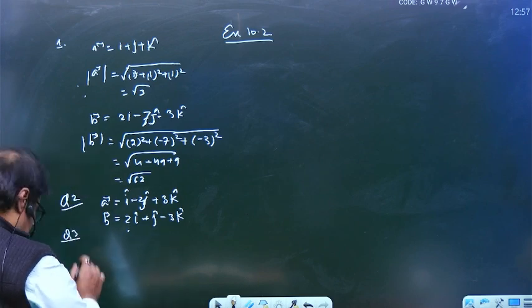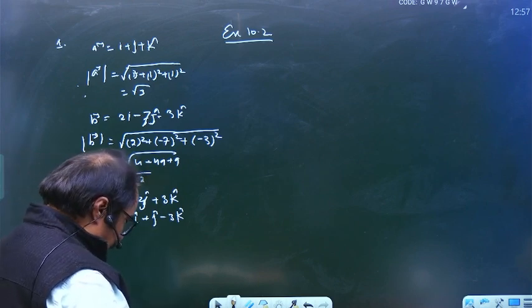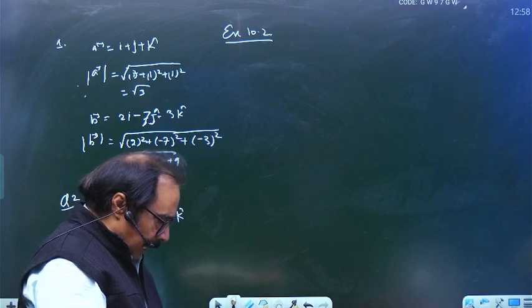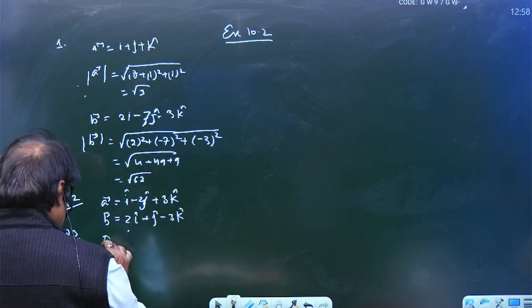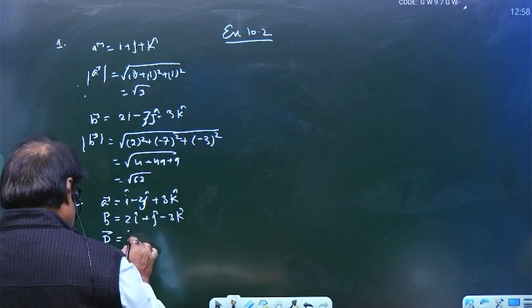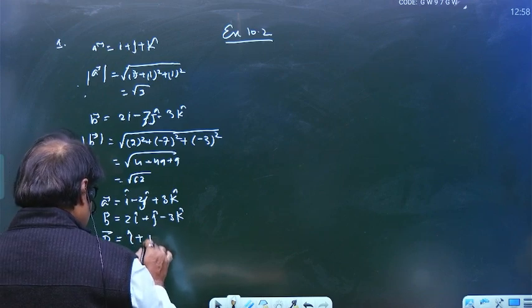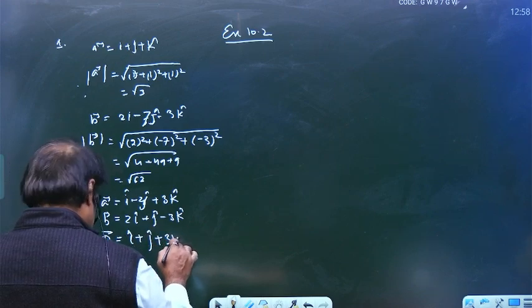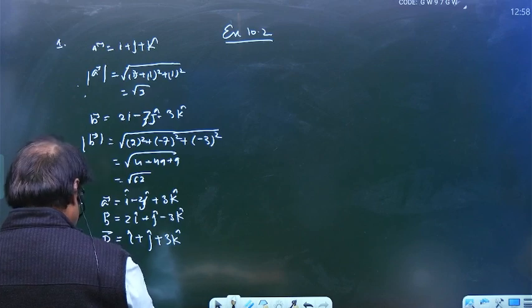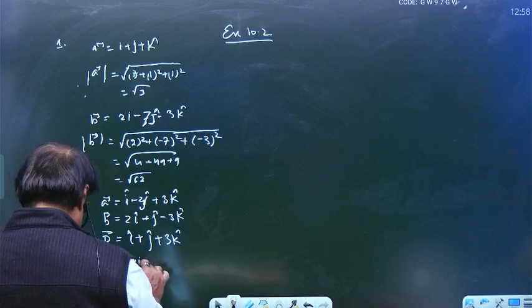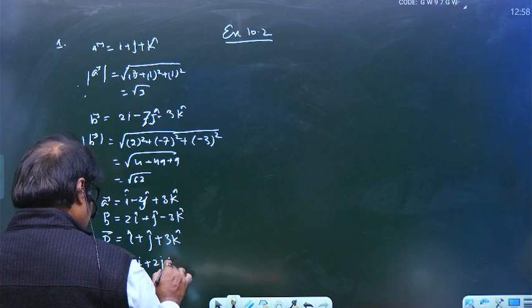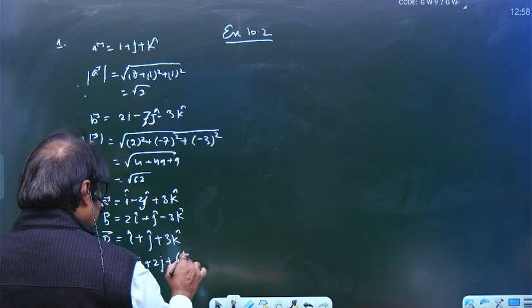Now the third question is: write two vectors having the same direction. Let vector P be i cap plus j cap plus 3k cap, and take another vector Q equal to 2i cap plus 2j cap plus 6k cap.